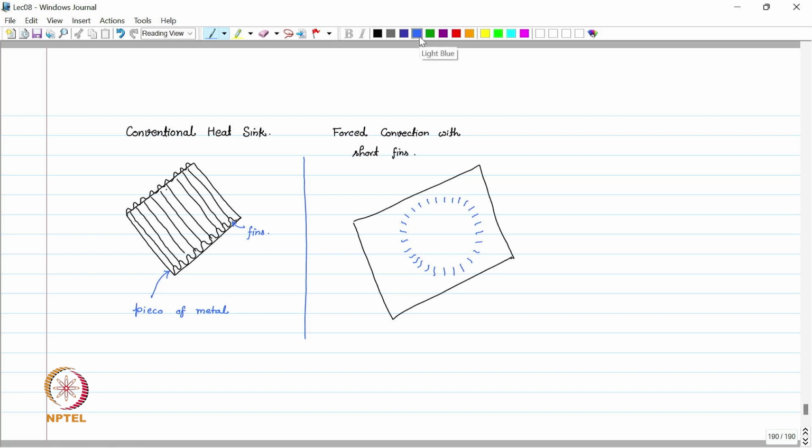And in between we can place a fan which can force the air through these fins.